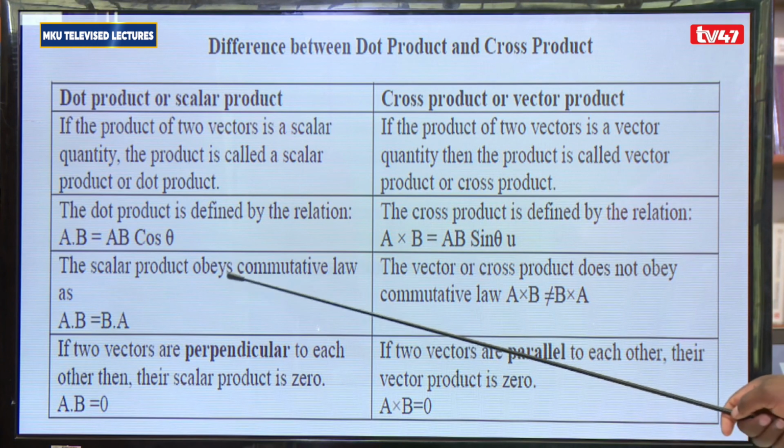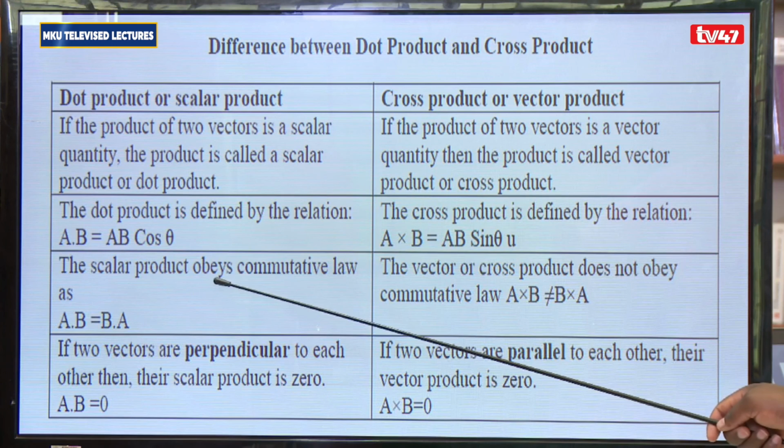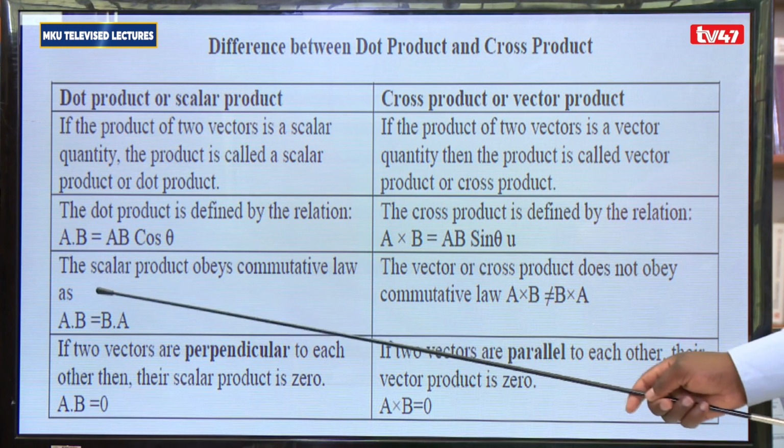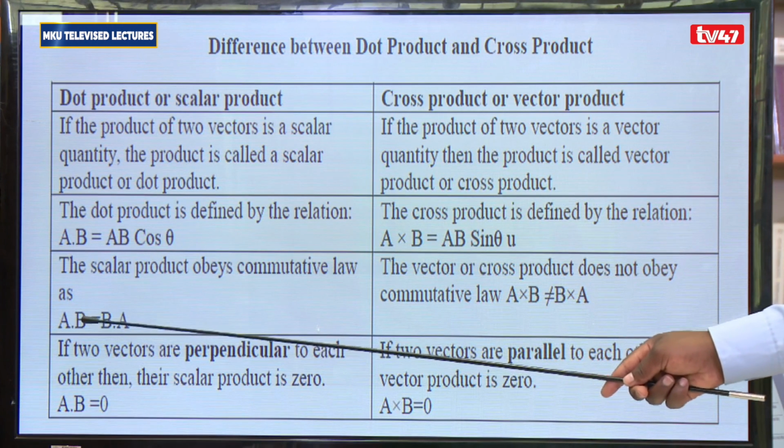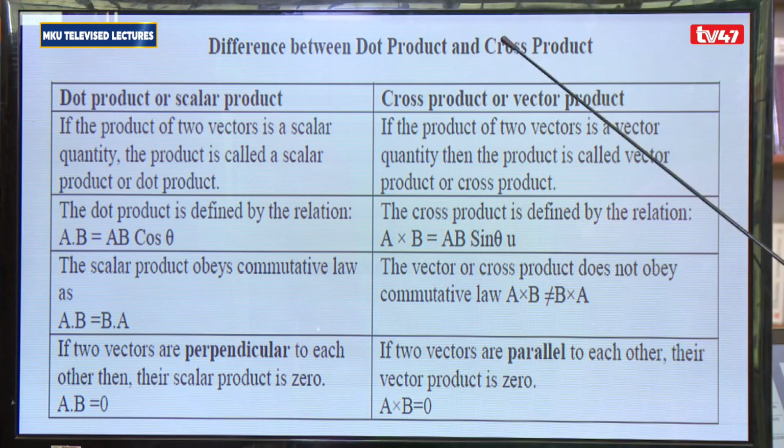We have also said that the dot product follows the commutative law of algebra, where A dot B is the same as B dot A, but for the cross product, A cross B is not the same as B cross A.